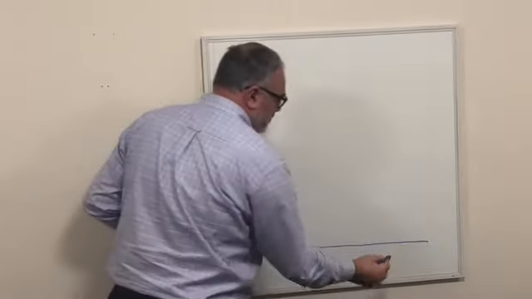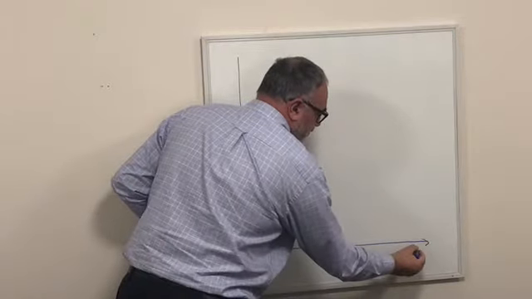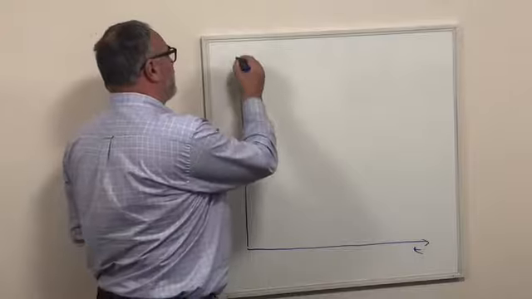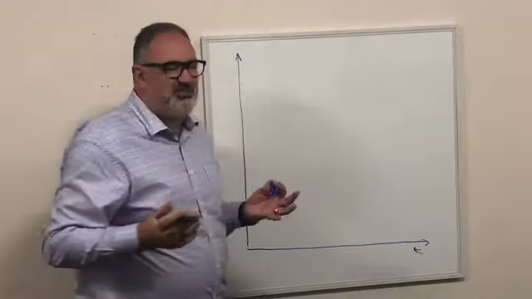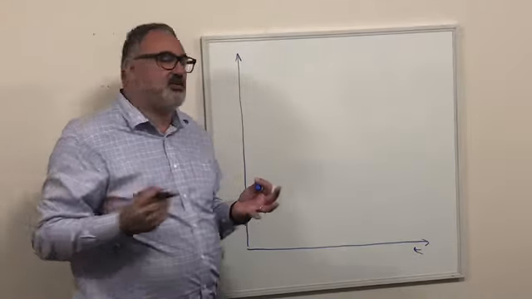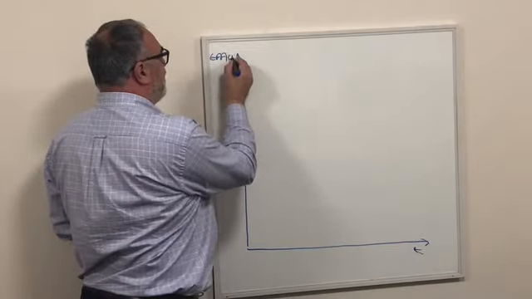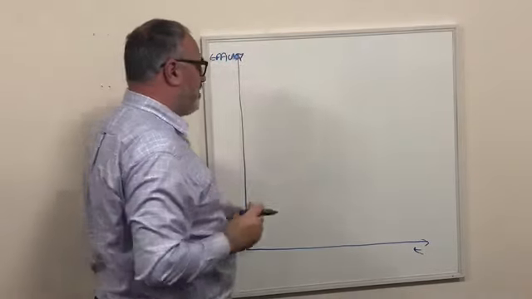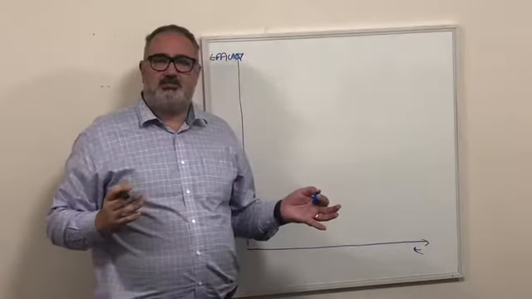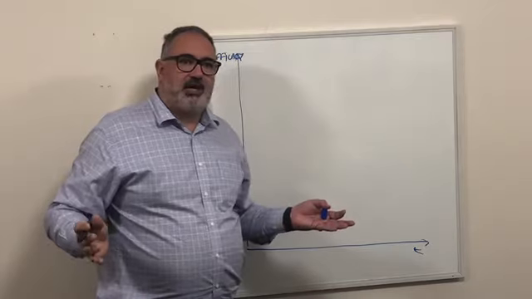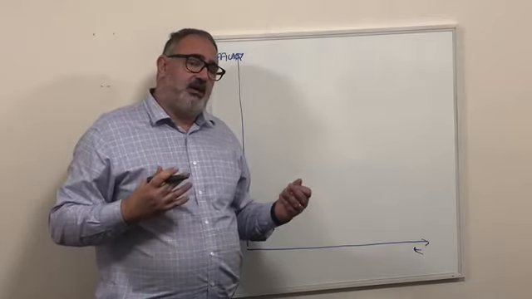What I'm going to do is put time on the x-axis, and on the y-axis, for the sake of argument, let's call it efficacy. Really what I'm wanting to measure is how the patch is behaving clinically.